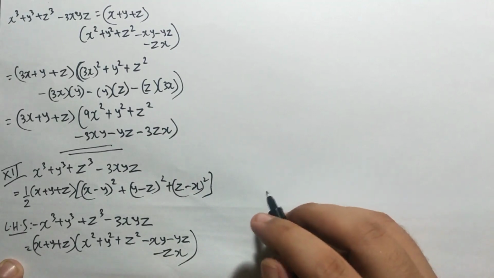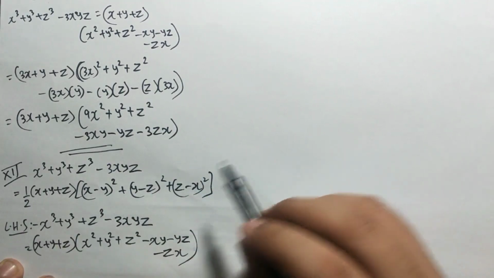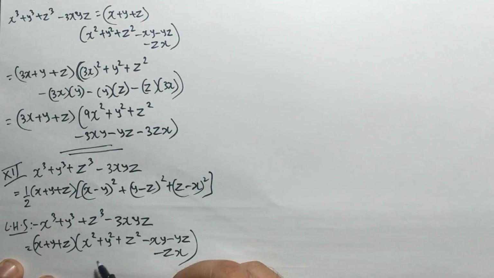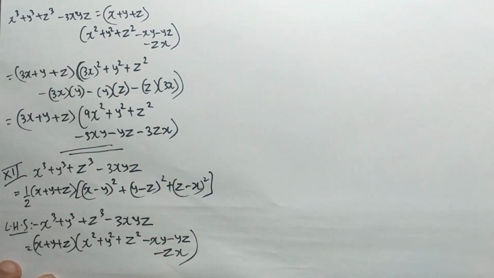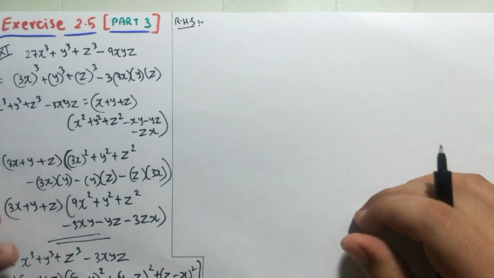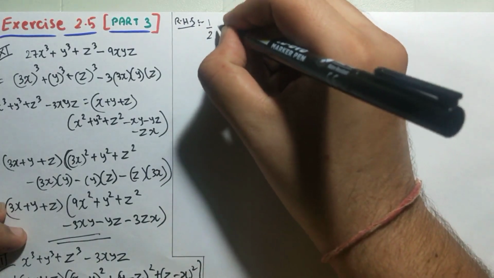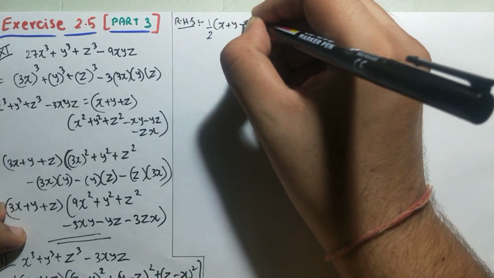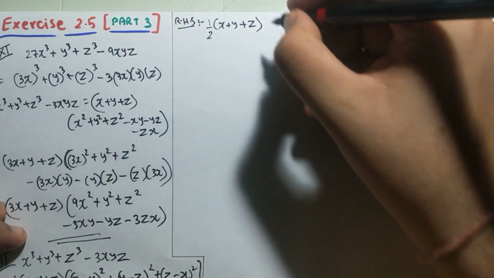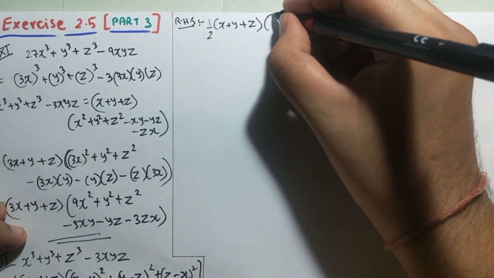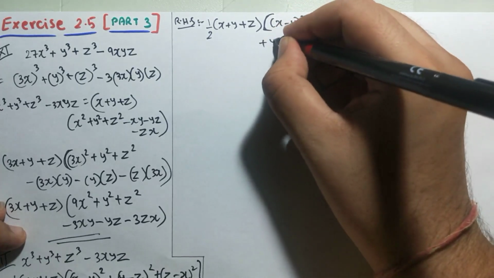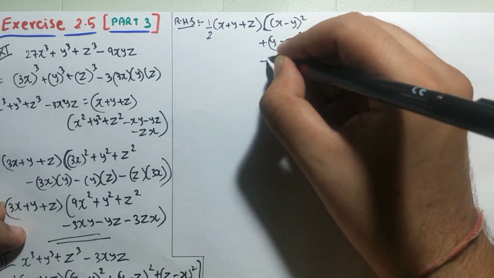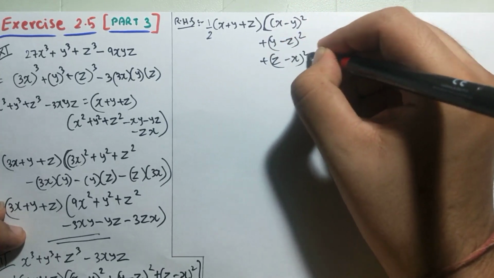Now what is the RHS? If I prove the RHS is equal to this, then I get my verification. So let us prove the RHS now. The RHS is 1 by 2 x plus y plus z multiplied by x minus y whole square plus y minus z whole square plus z minus x whole square.